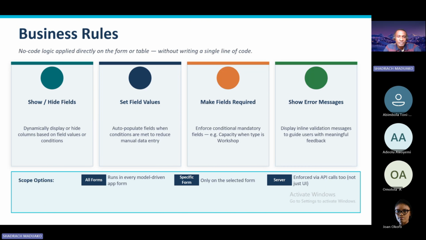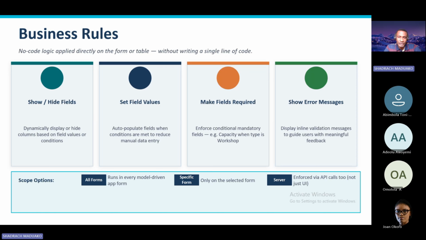We can also use business rules to automatically set the value of a field. If you don't want to input values manually into a field, you can also use business rules to do that. Then, in terms of making a field required, I think you may have gone through this over the course of the last 2 weeks.